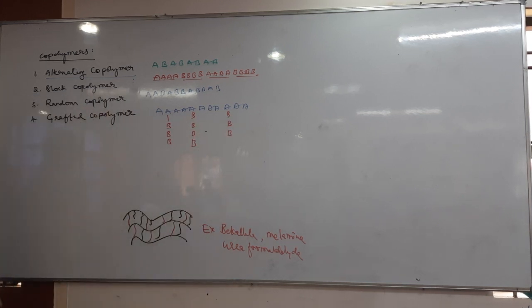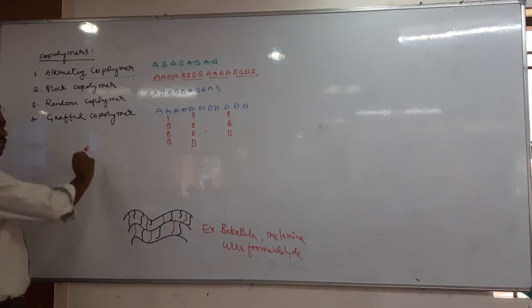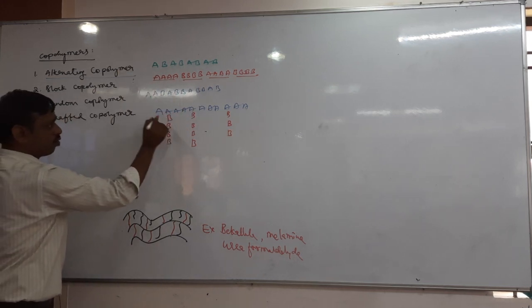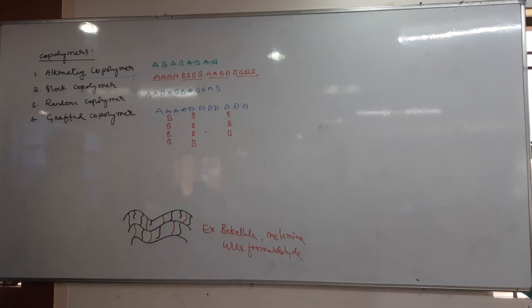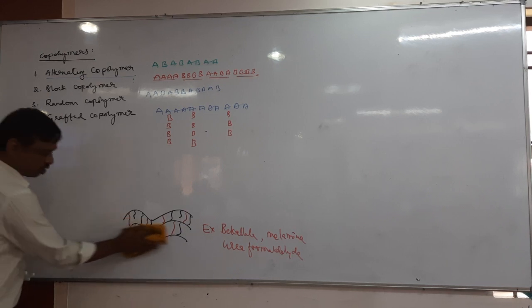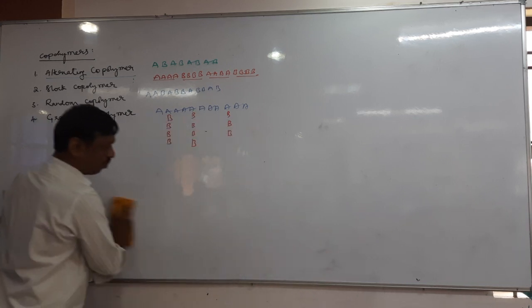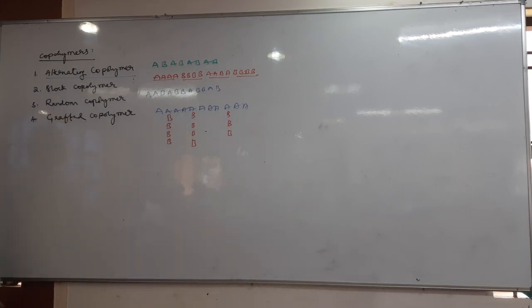So the polymer chain in which the long chain is one monomer and the side chains are another monomer, they are called grafted copolymer. Okay, so this classification is made based on the arrangement of monomers in the polymer chain. Till here, classification of polymers is over.